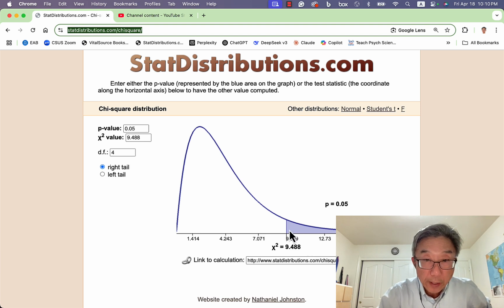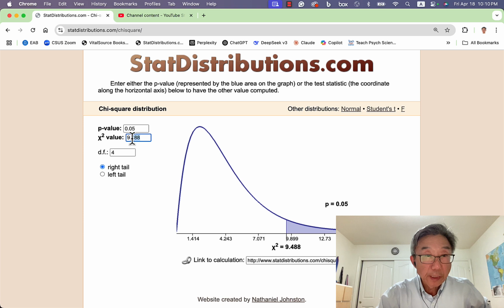So our chi-square actually is somewhere over here. So we barely made it, right? And we can also type in the chi-square that we calculated.